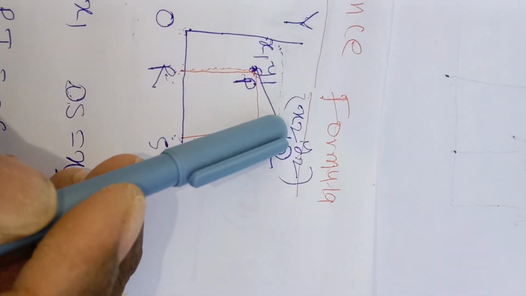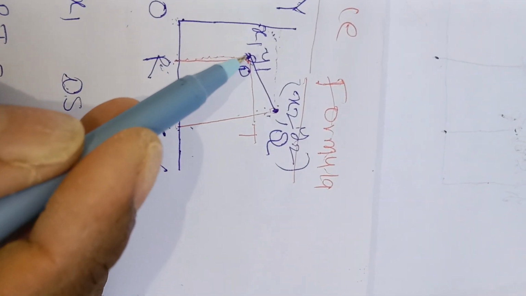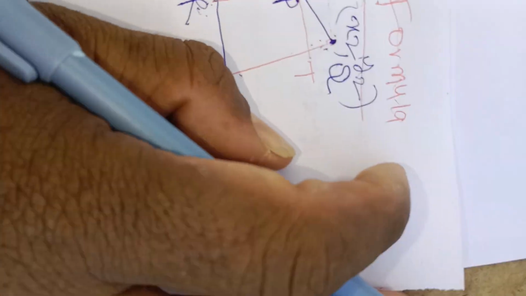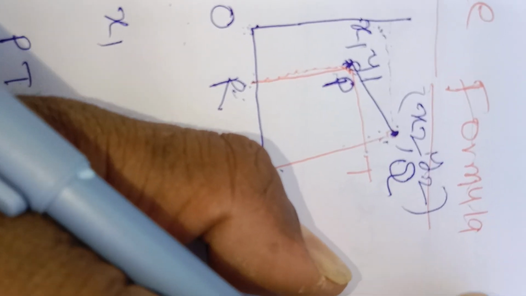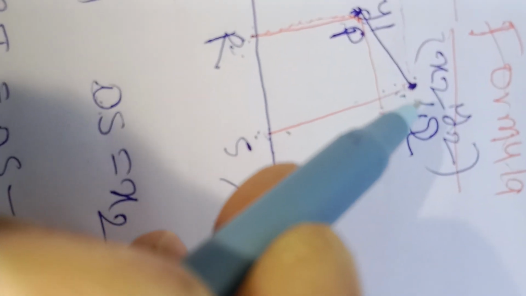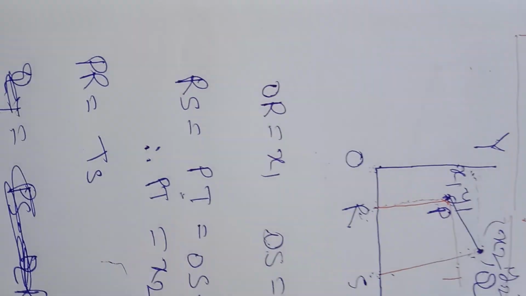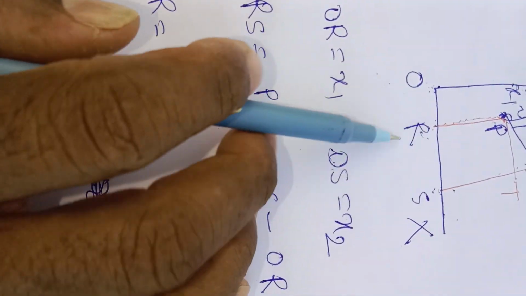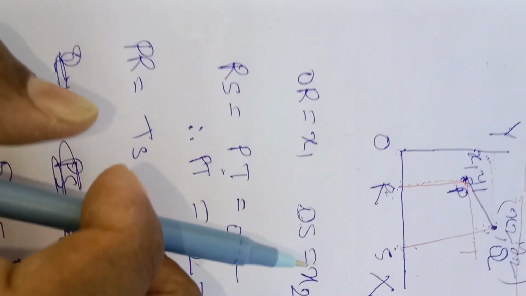For that purpose, we have to draw a line from P perpendicular to the x-axis, and name it R. Similarly, draw a line from Q perpendicular to the x-axis, and name it S. Then OR corresponds to x1. Similarly, OS corresponds to x2.